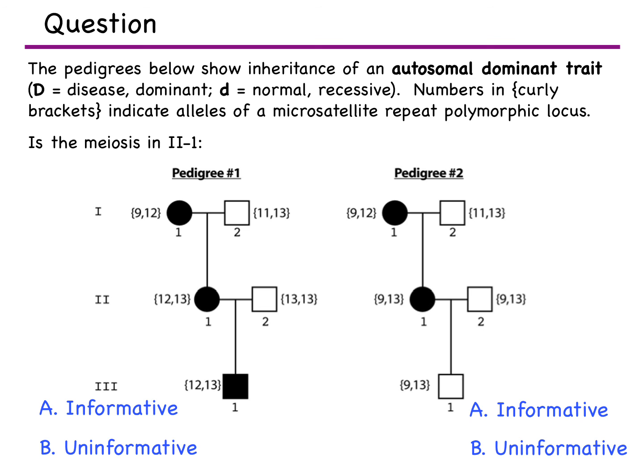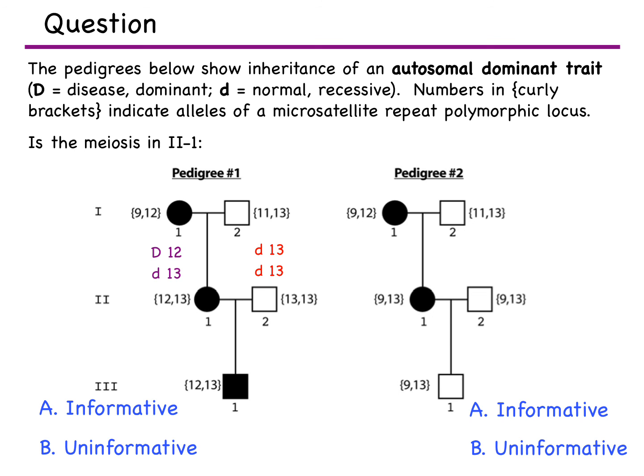So hopefully when you wrote out the genotypes, you came up with something like this, where I'm showing the genotypes above the individual in the pedigree. For 2-1, that person inherited the dominant disease-causing allele from individual 1-1, and must have inherited the 12 allele of the VNTR from individual 1-1, because only 1-1 has the 12 allele.